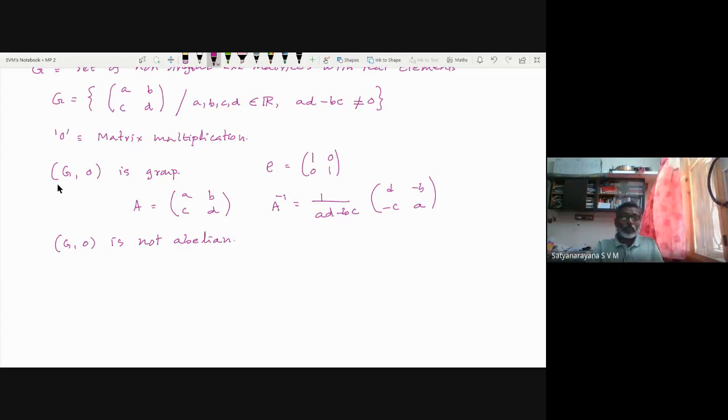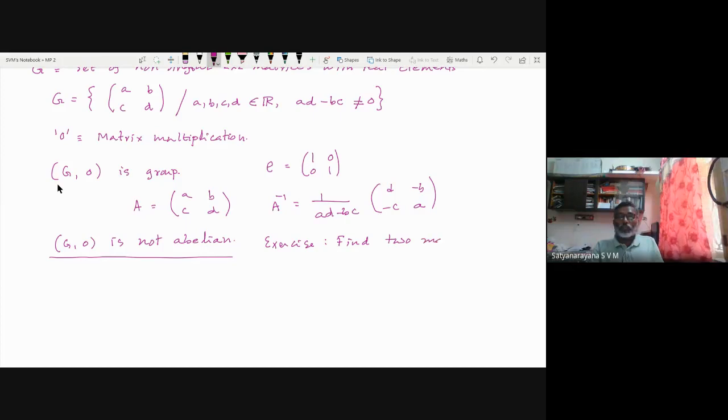I will leave it as an exercise for you to find a counterexample. So find two matrices A, B such that AB is not equal to BA. You will be able to find. Okay. So this is an example of a non-abelian group.